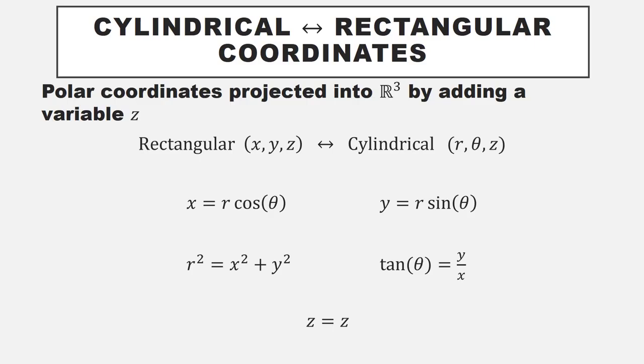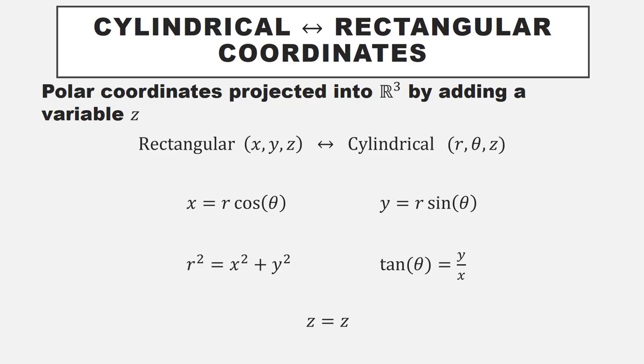So all of our standard conversions will be there. X is going to be r times cosine theta. Y is going to be r times sine theta. r squared is going to be x squared plus y squared. Tangent of theta is going to be y over x. And the z in both cases is just the same.